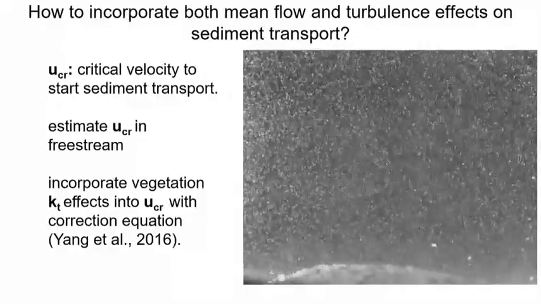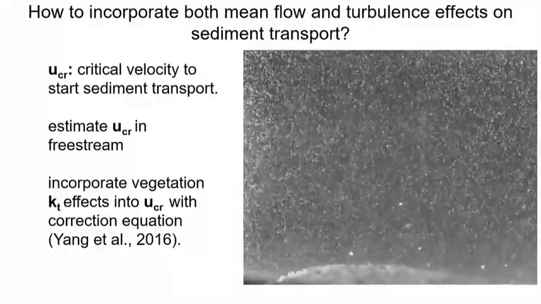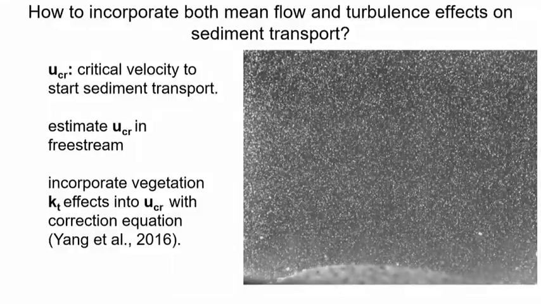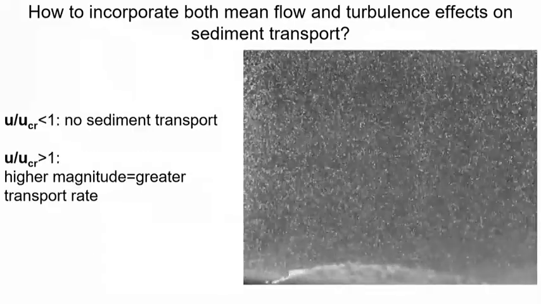What we want to do is incorporate both turbulence and velocity, and Judy Yang in 2016 came up with a way to incorporate turbulence into this critical velocity. She came up with a correction equation that allows you to correct that critical velocity to incorporate turbulence. And so we followed her equation to account for both turbulence and mean velocity.